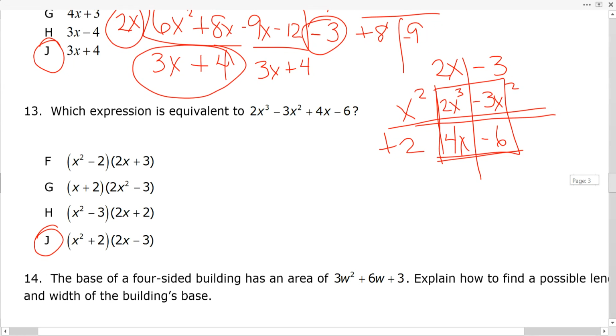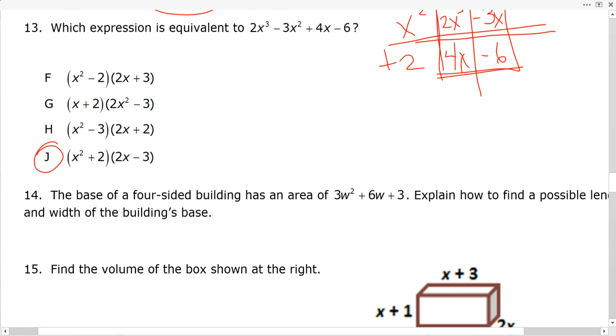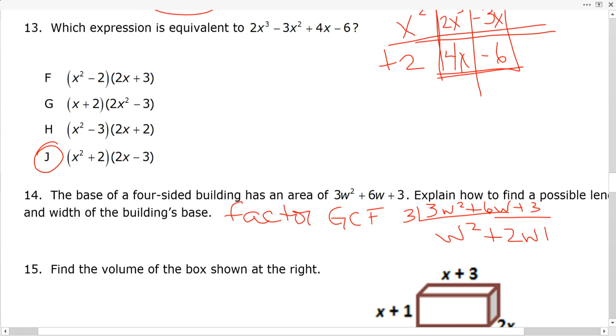Okay, number 14 said explain, so I'll do a short explaining, but we're going to factor. Before we factor, we're going to find the GCF of 3 and divide. We end up with w squared plus 2w plus 1. I happen to notice that I have a perfect square trinomial, because the square root of w squared is just w and the square root of 1 is 1.